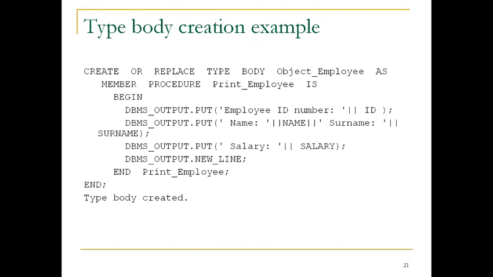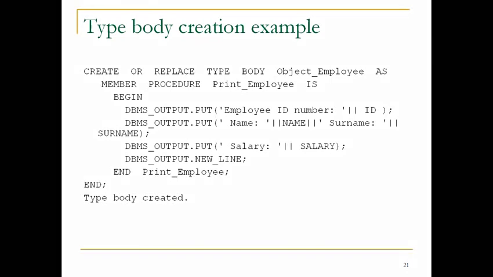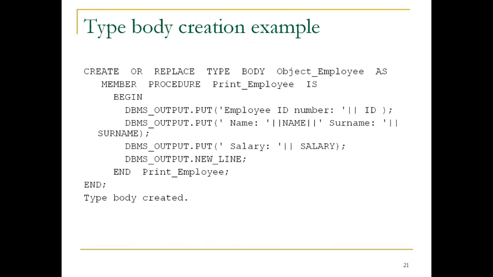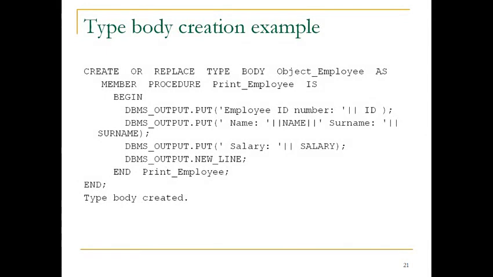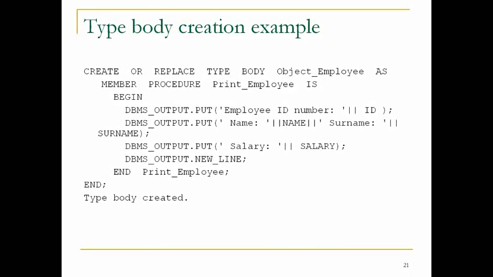If there were more procedures or functions, the second one would be started here. So this one ends here, and the whole body ends here. If there were another function or procedure, it would be added here. And this particular procedure is very simple. It just puts on the screen the employee's ID number equals the ID. But probably you could wonder where this variable ID comes from. That's one of the ideas of object orientation. These member functions and member procedures have access to all attributes.